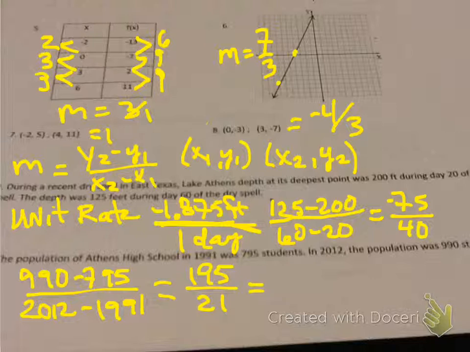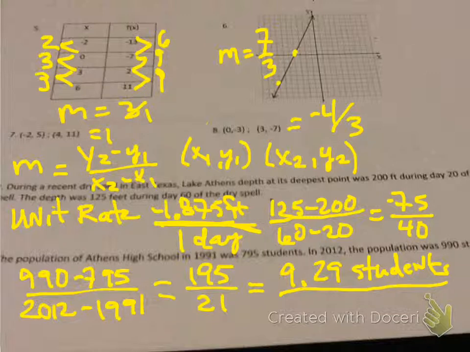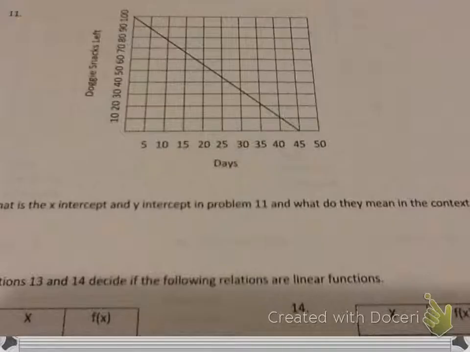Simplify that, and you're getting approximately, somebody can double check it, 9.29 students over 1 year. So what this is telling me is that Athens High School is adding approximately 9.29 students each and every year. Obviously it's an average rate and probably wouldn't be exact. You can't add 0.29 of a student, but that's what we're trying to interpret here.